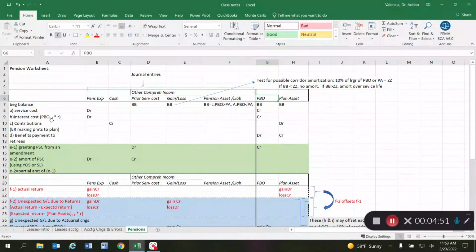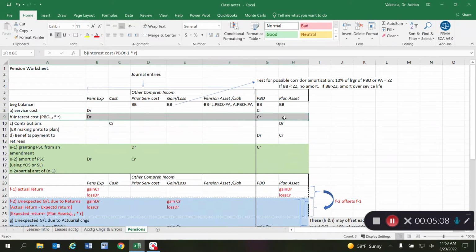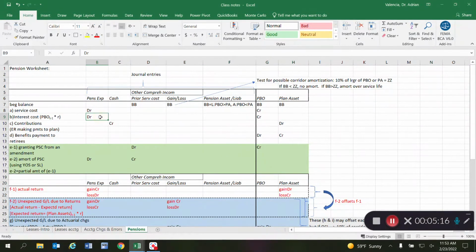I'm using T to equal time, so T minus 1 would be the beginning of the period or the end of the last period, and T is the end of the period. To compute the interest cost, you'll need the PBO balance at the beginning, times the rate that is being used. That adds to pension expense, and it increases the liability PBO.